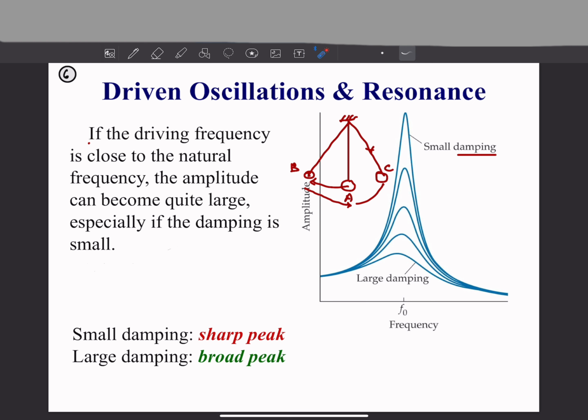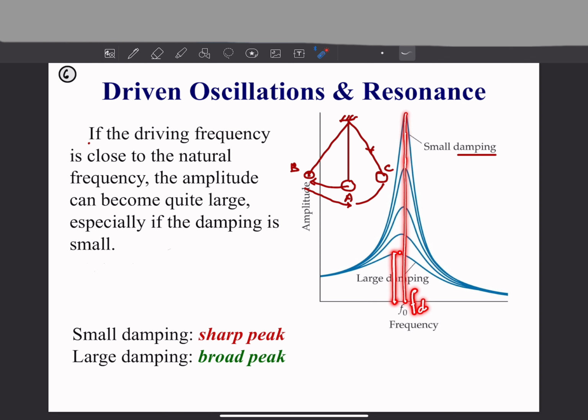Of course, at the natural frequency, suppose this is the point of the highest peak, this is the position of the natural frequency and the driving frequency. But here, this point is where we get the maximum displacement or maximum amplitude.